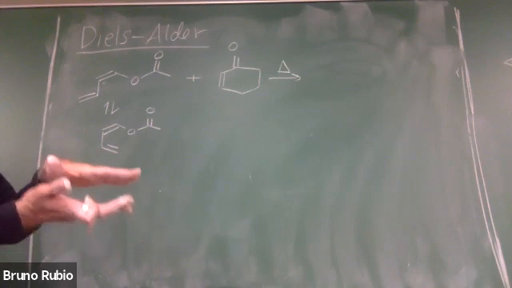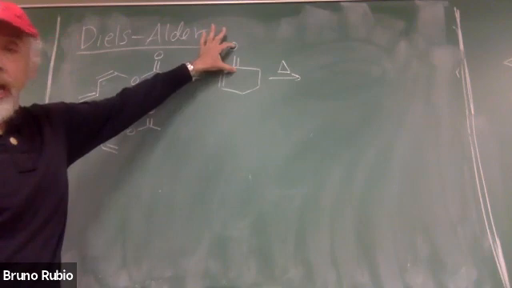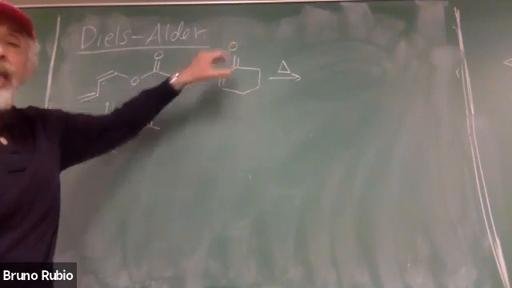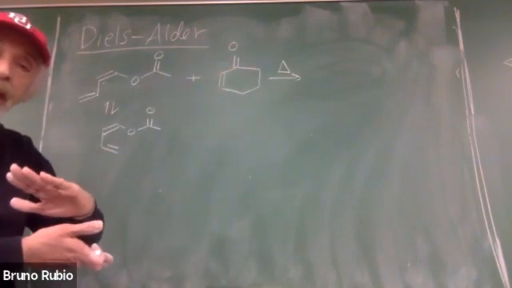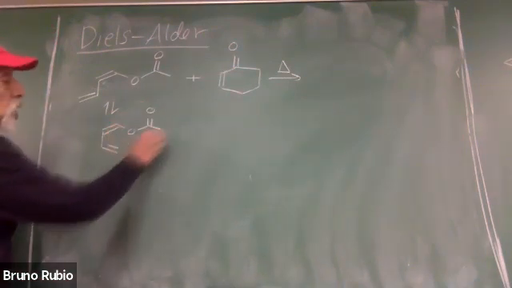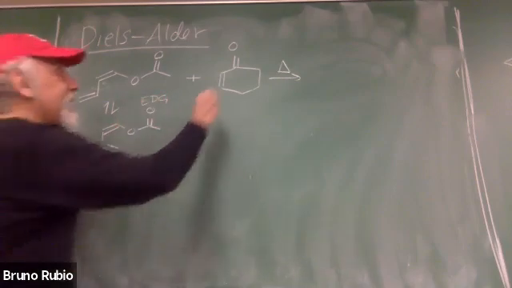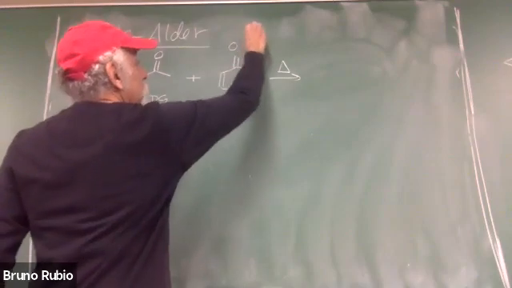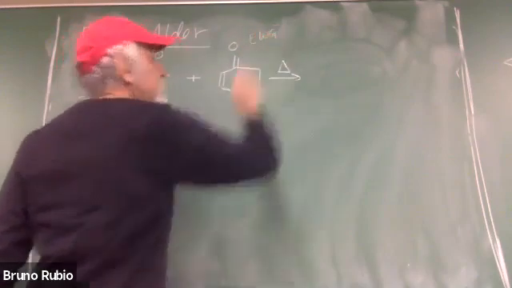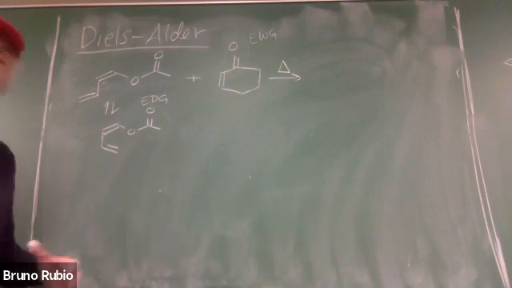And remember, the electron withdrawing group of the dienophile has to be tucked under the diene, and the electron donating group of the diene has to come out 1,2 or 1,4 vis-a-vis the electron withdrawing group of the dienophile.